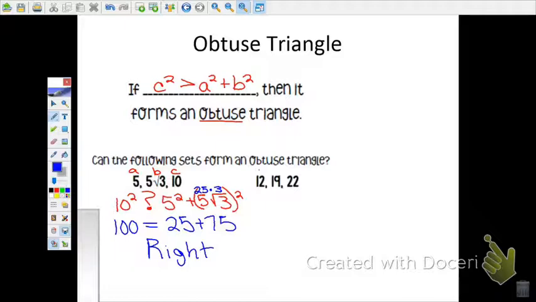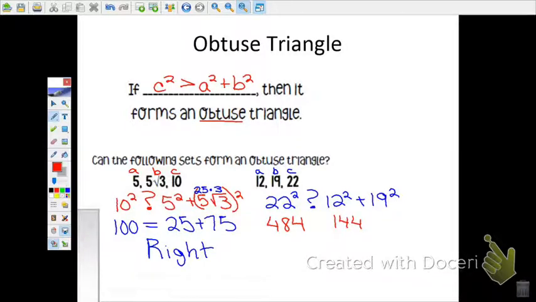This next one, we have 22 squared, question mark, 12 squared plus 19 squared. What's 22 squared? 484. 12 squared, 144. 19 squared, 361.